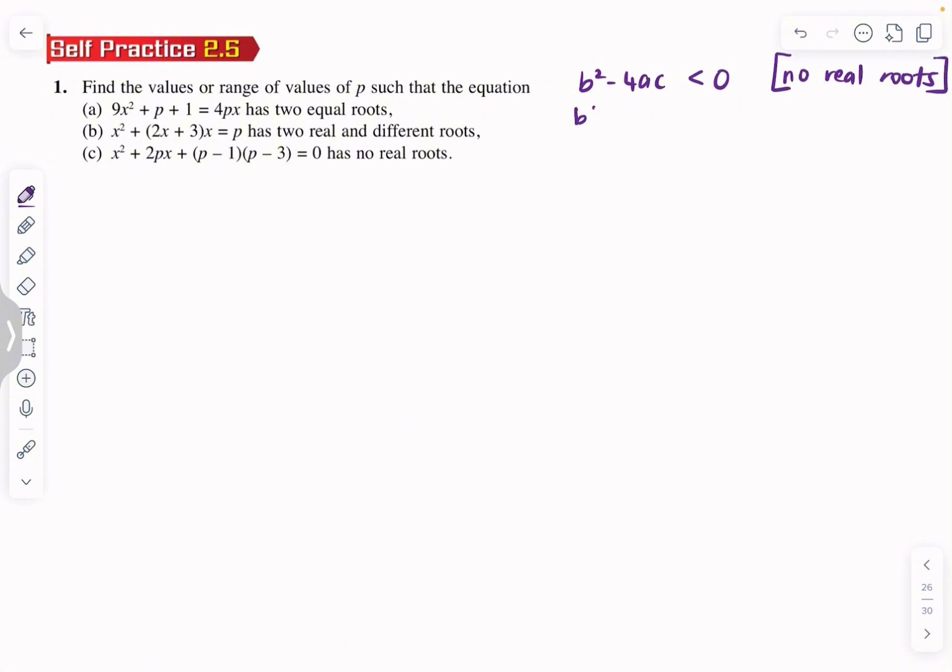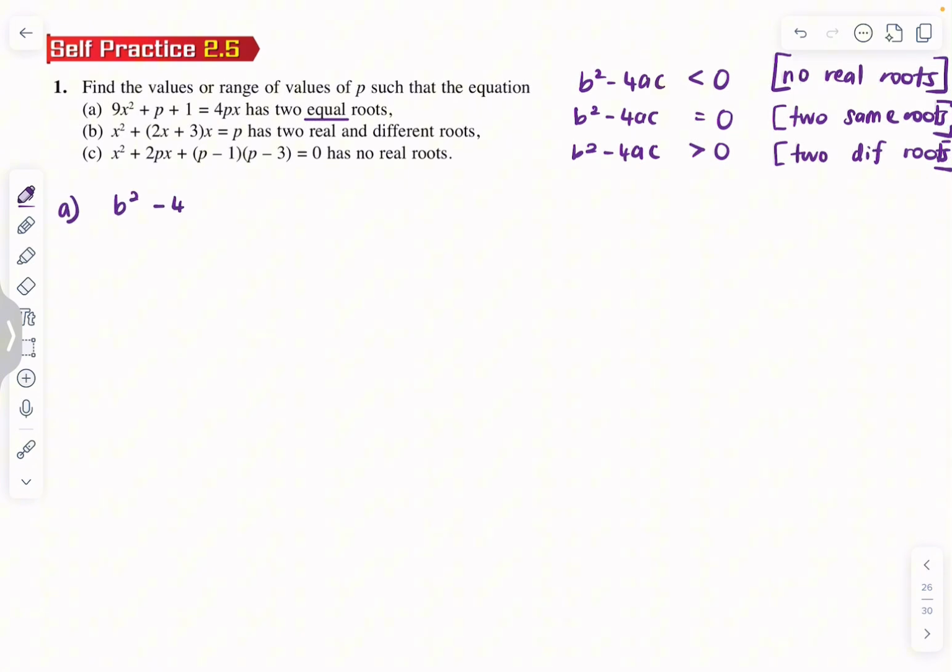If b square minus 4ac equals 0, we get two same roots. If b square minus 4ac is more than 0, we will get two different roots. So here they said two equal roots. That means b square minus 4ac will be equal to 0.